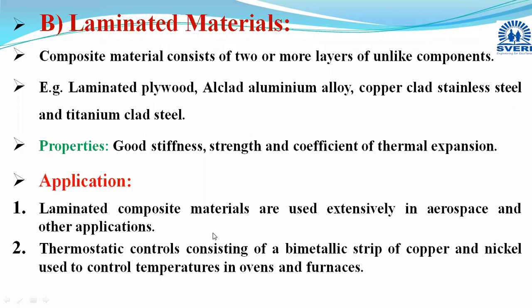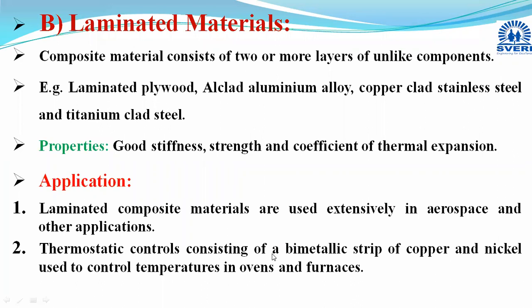Some applications of laminated composite materials I have highlighted here. Laminated composite materials are largely used in aerospace applications. Then, as these laminated materials have a low coefficient of thermal expansion, they are used in thermostatic controls.